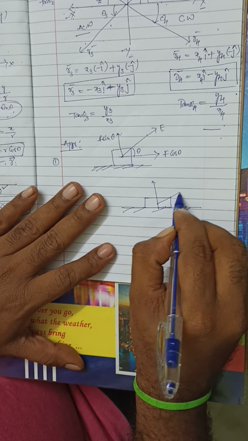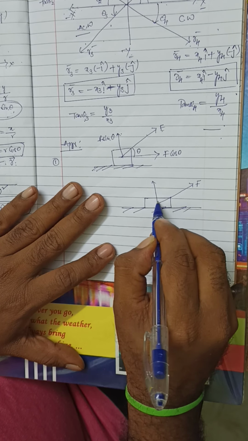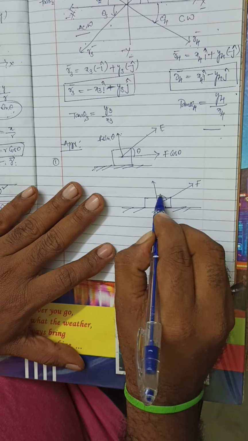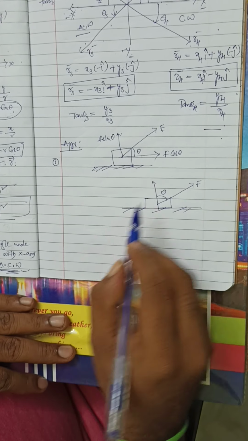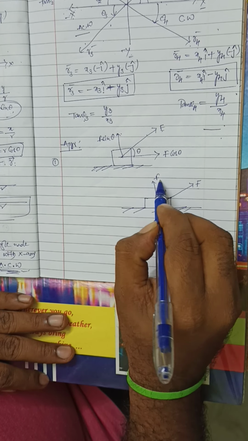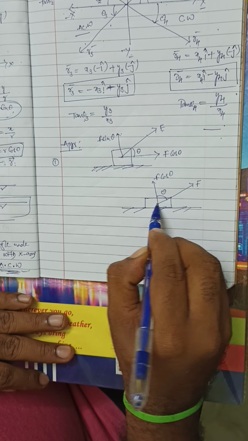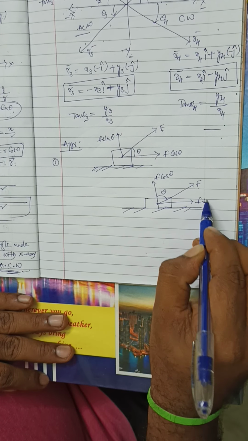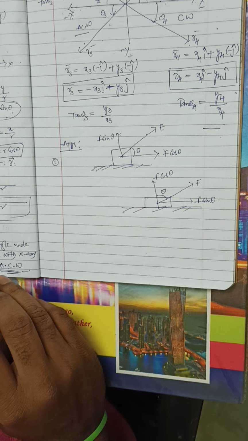Now I am going to apply the same amount of force F, but in such a way that it makes an angle theta with the vertical. Then the components of this force are F cos theta, and this one will be equal to F sin theta.